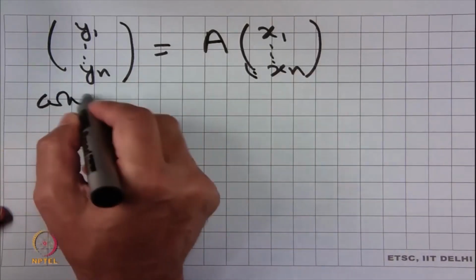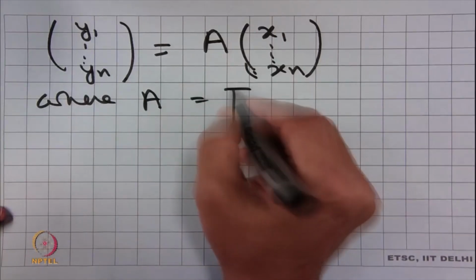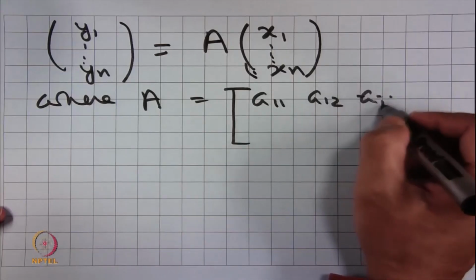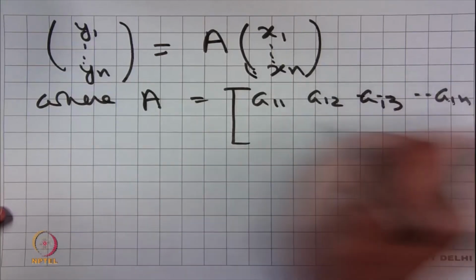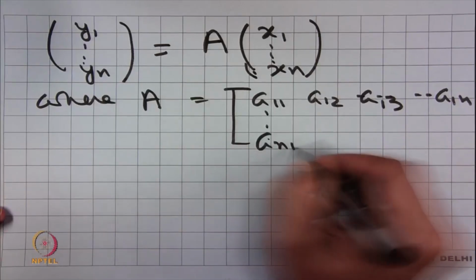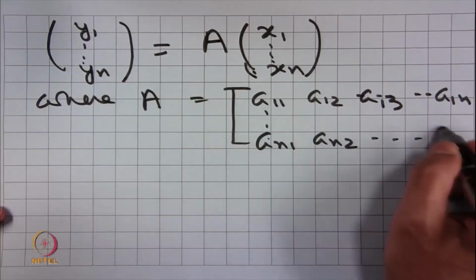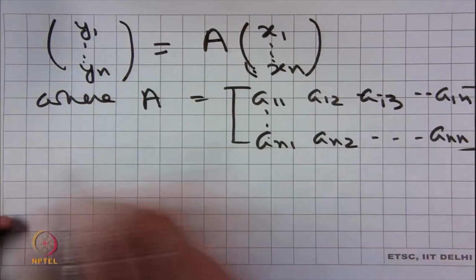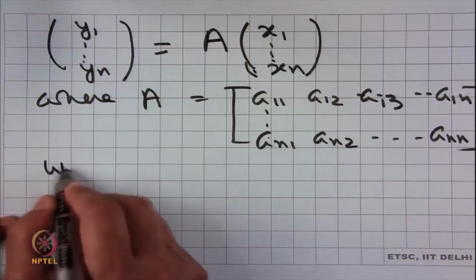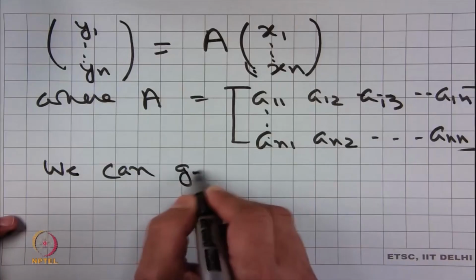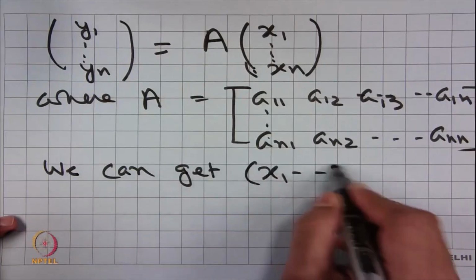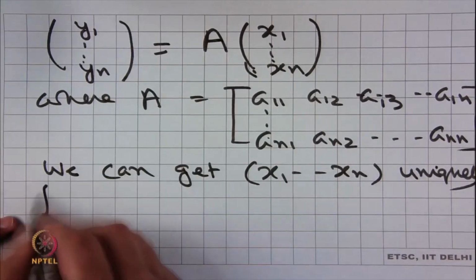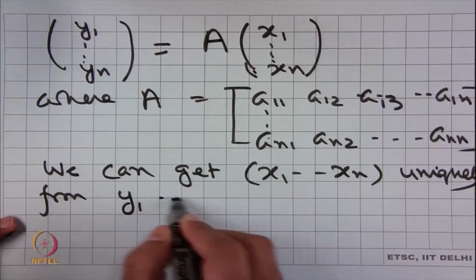where A is equal to a11, a12, a13, a1n, an1, an2, ann. We can get x1, x2, xn uniquely from y1, y2, yn.